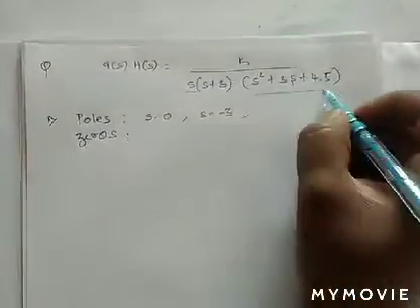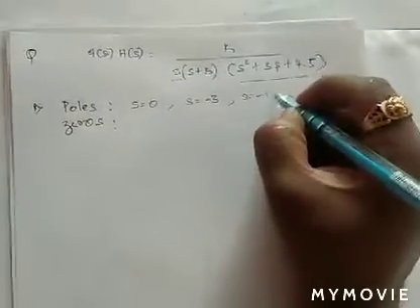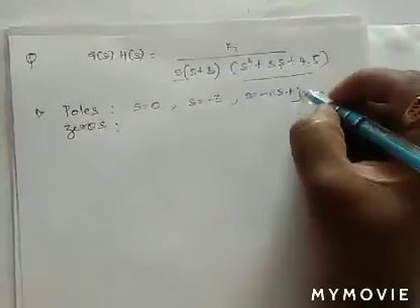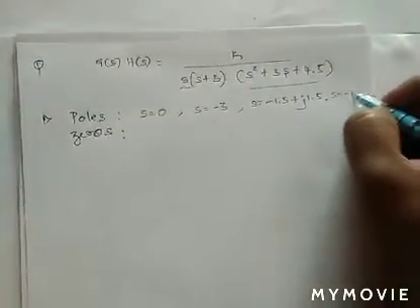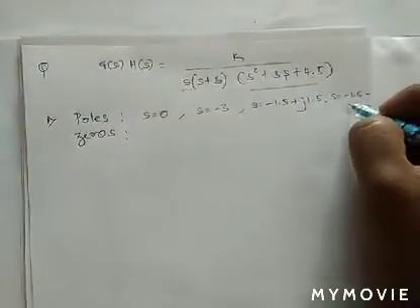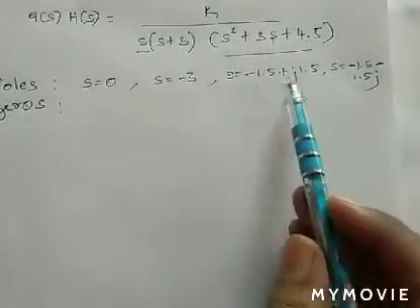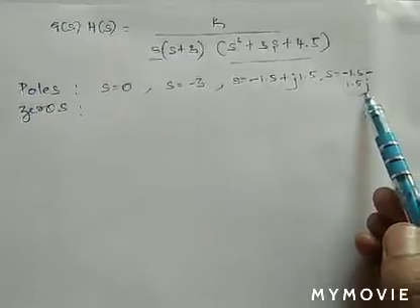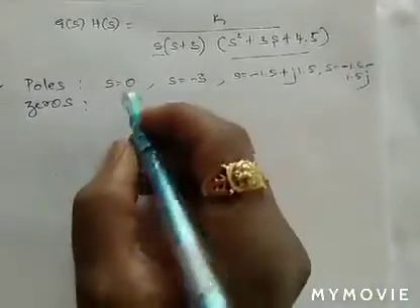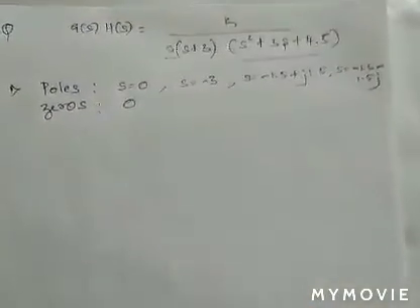For the quadratic we get two roots: s equals minus 1.5 plus j1.5 and s equals minus 1.5 minus j1.5. Now the zeros: there is no s term in the numerator, so there are no zeros. So this is the first step.